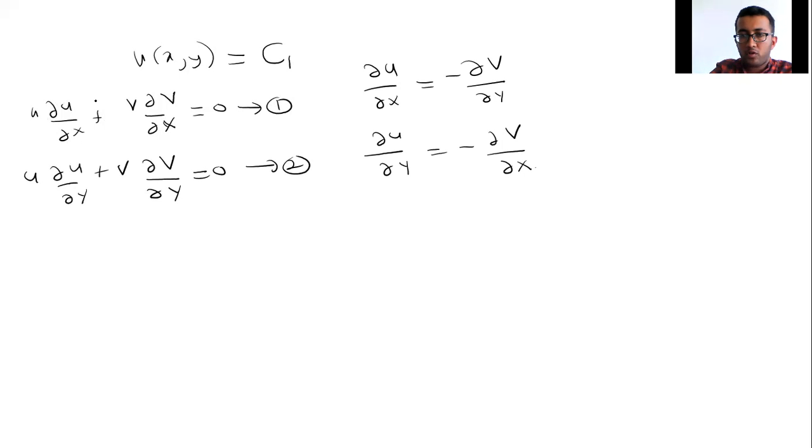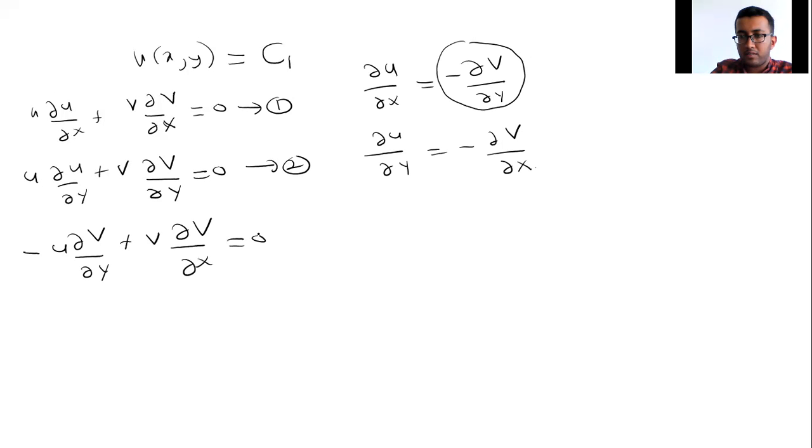So now I am going to remove ∂u/∂x and ∂u/∂y, right? So instead of ∂u/∂x, I am going to insert ∂v/∂y. So u into ∂v/∂y plus v into ∂v/∂x equals 0. I will take this as 2a, and here, sorry, there's no minus sign here.